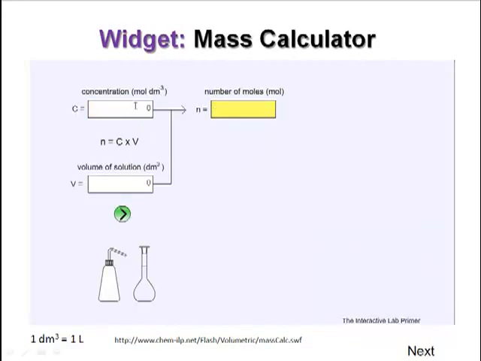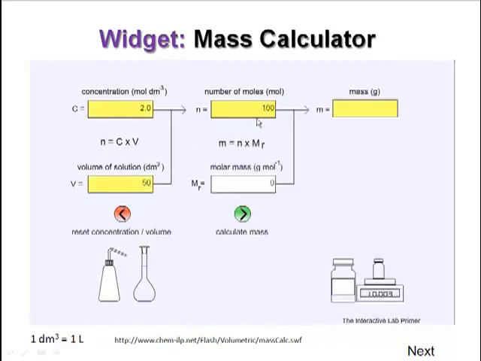Now, if you want the mass, you have a solution with a certain concentration and certain volume. You can find out how many moles that is, and using the molar mass, that tells you how much mass you would need. So I would need this much mass to make a 2 molar solution of this particular sample.